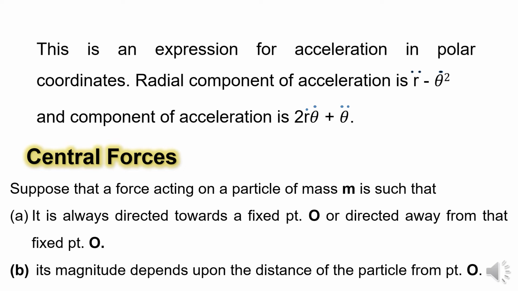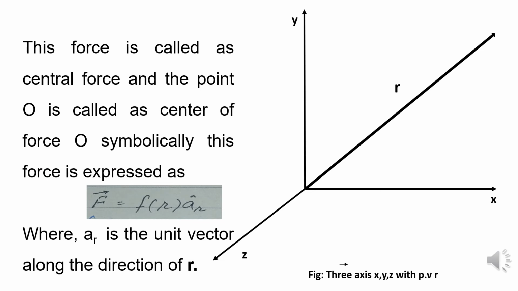Number two, its magnitude depends upon the distance of the particle from the fixed point O, the origin. Now this force is called the central force, and the point O is called the center of force.